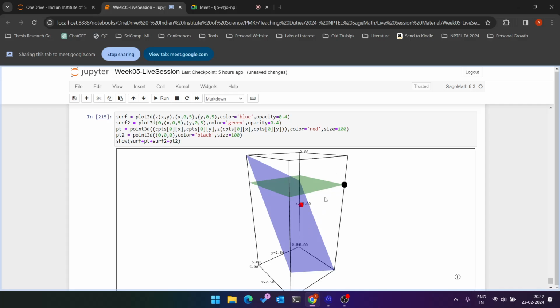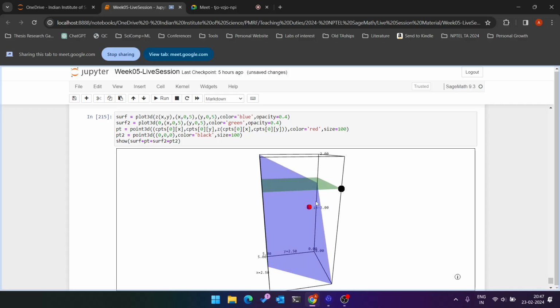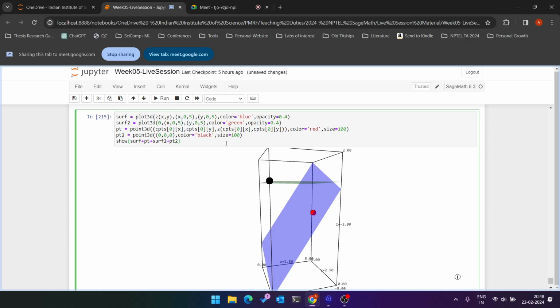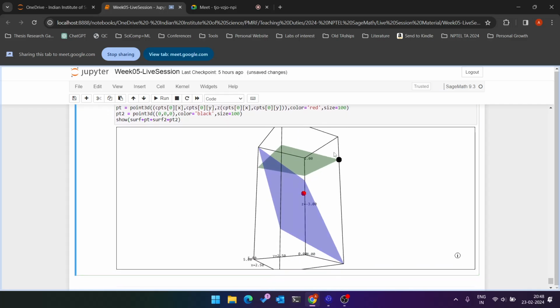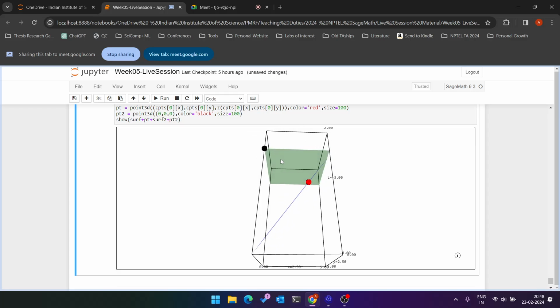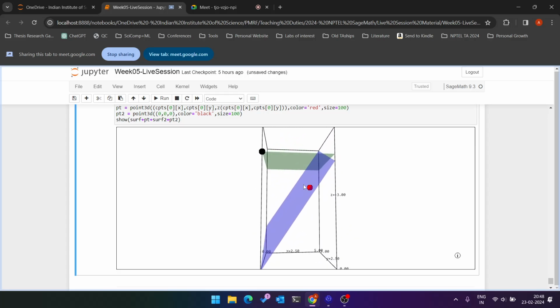So my plane, my xy plane or z equal to 0, my point of origin, and this is my closest point: critical point x, critical point y, and z evaluated on the plane. Okay, so this is how this thing looks. If I take any other point on the plane, it may not seem so, but it will always be farther than this point when referenced against the origin.